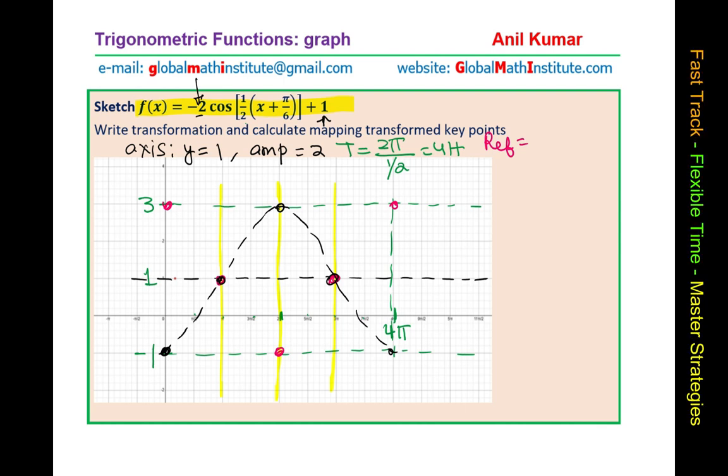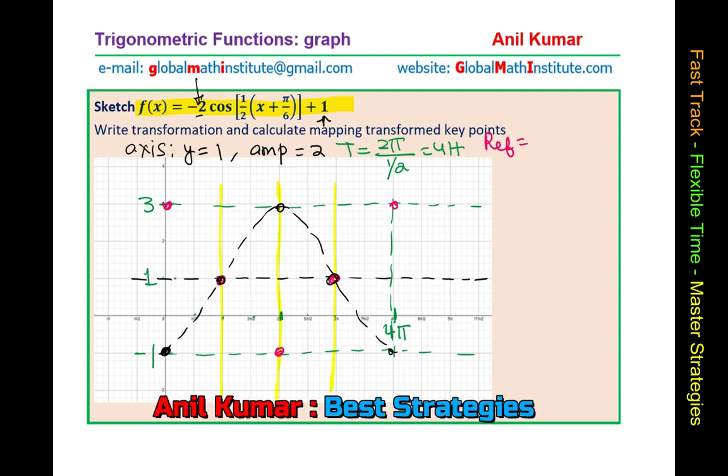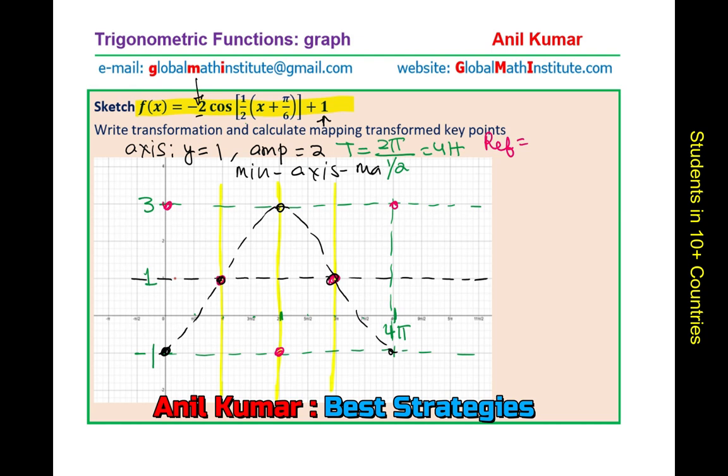One cycle of 4 pi, which is the time period, divided into 4 equal parts of pi each. Since it is reflected, we have started with the minimum, gone to the axis, maximum. So as you can see here, it goes from minimum to axis to maximum to axis to again minimum, correct? This is because of the reflection part, right?